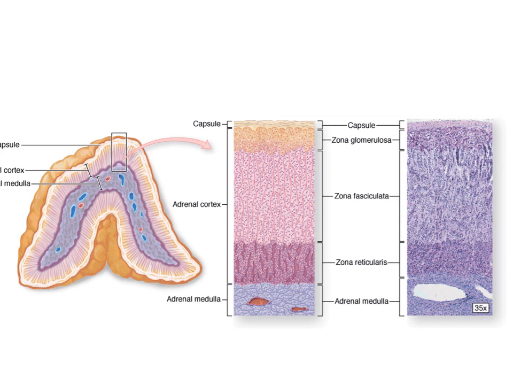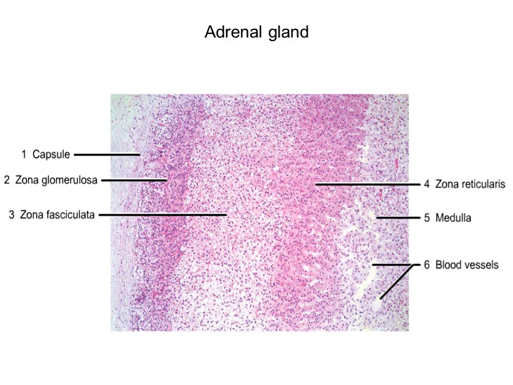The deepest is the medulla, which has got the blood vessel, and you can see the medullary vein. So this is the HNE staining of the adrenal gland. Under low power, you can see the capsule, the connective tissue made up of collagen and elastic fibers.